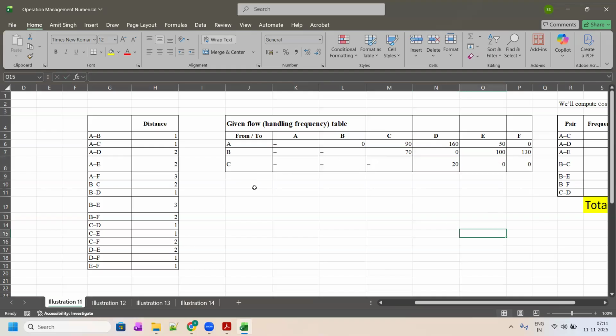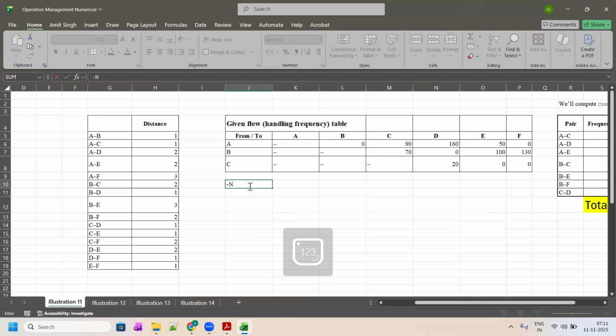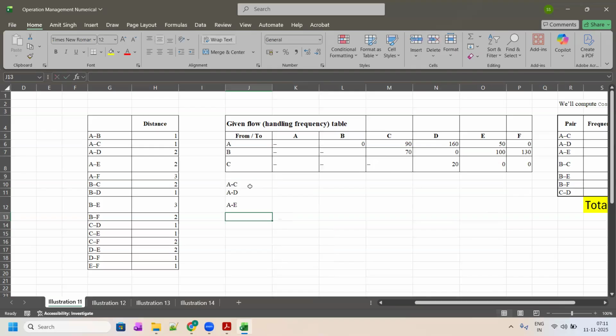So what all possibilities will we get here? A to B is 0, so there's no point of taking A to B. Then we have A to C, A to D, A to E. A to F is 0, don't take it.